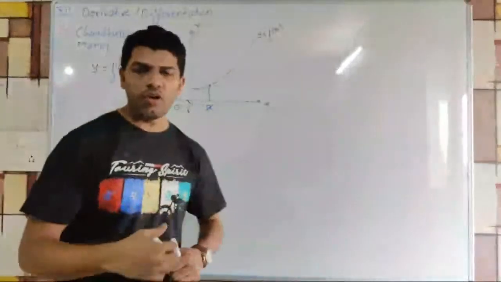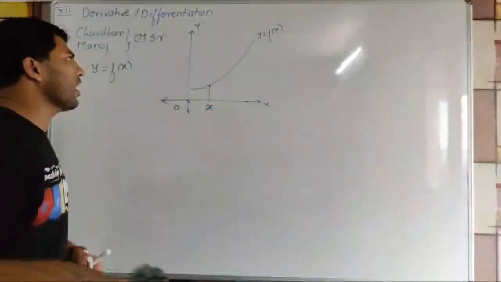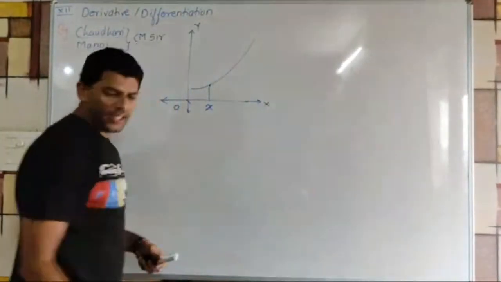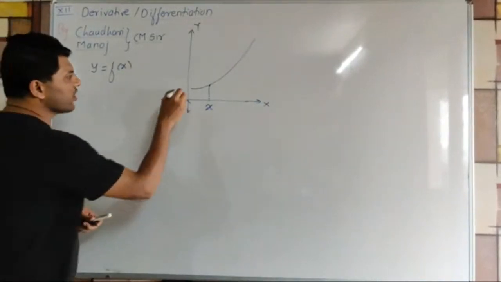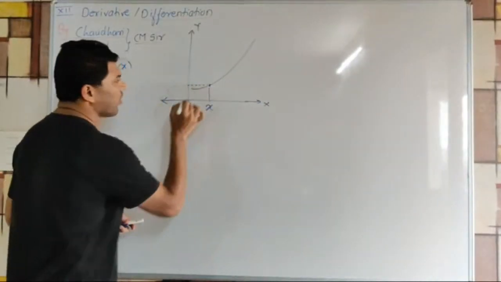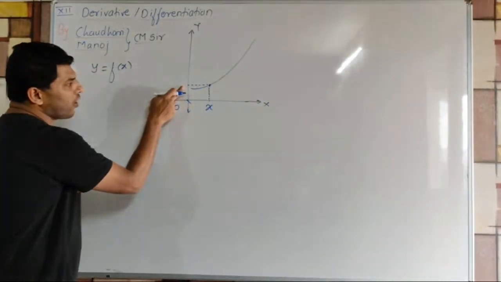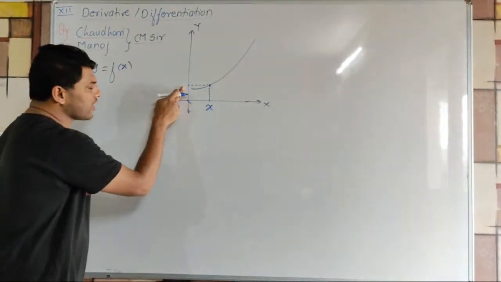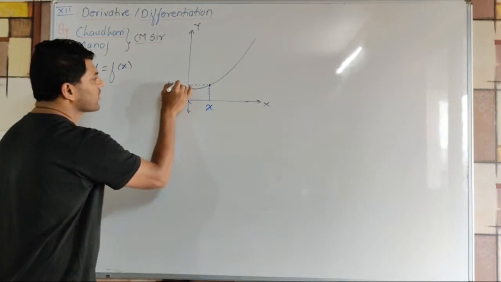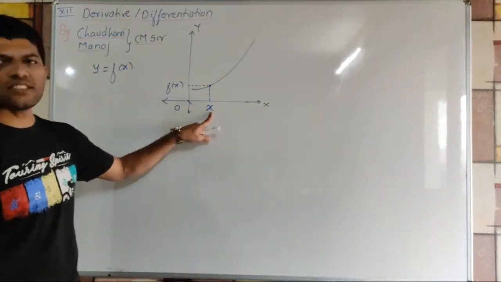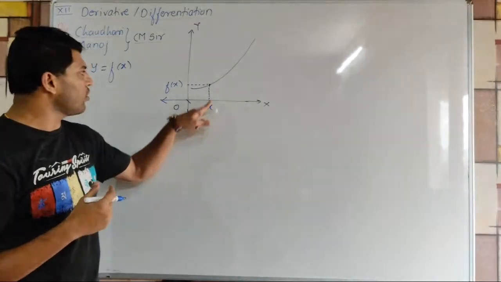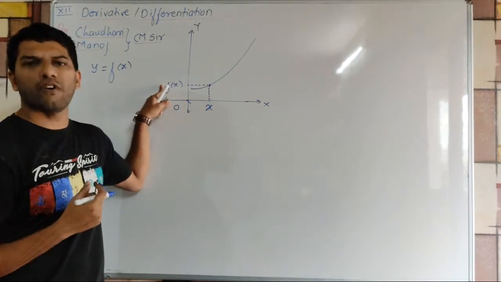You already know how to draw the graphs and everything. For this x, obviously there is a corresponding value of y on the same graph. If it is x, then there is a corresponding value of the function at this point. Let's mark this as f of x.